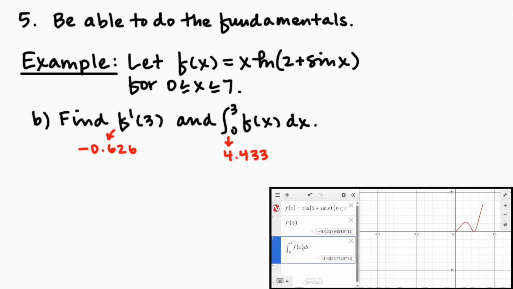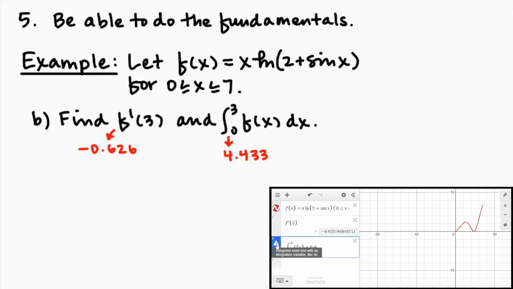Now, one thing I do want to point out about integration on the calculator is that if I want to integrate something like f of x plus 6, and I do that, it's going to throw an error. And I need to do an error at least once on this video. So I can show you that if it's going to have an error, you can hover your mouse over it and it will tell you what its problem is.